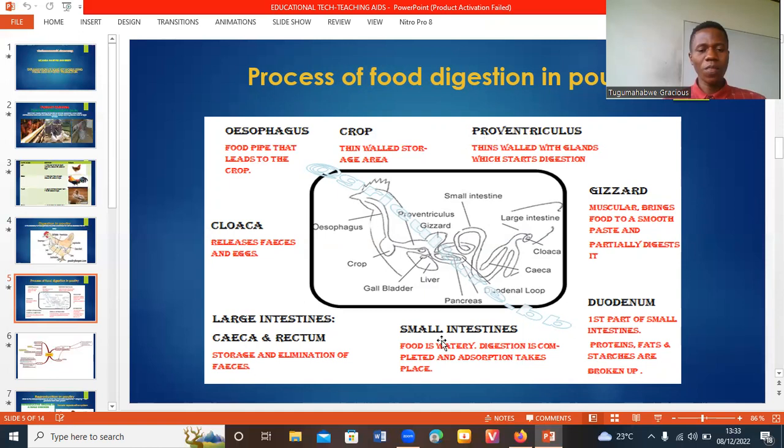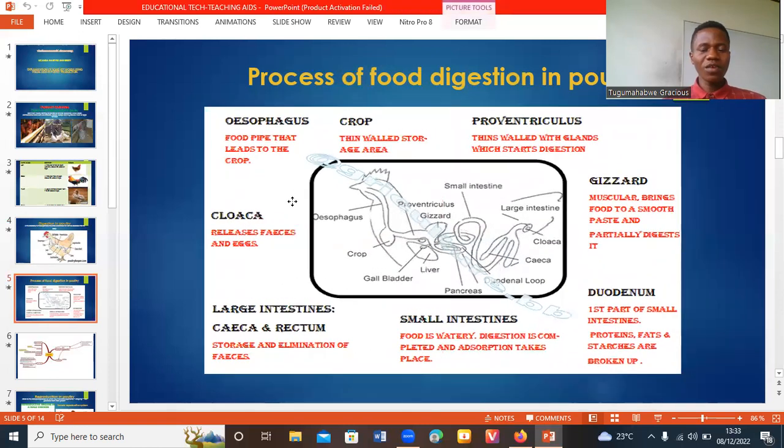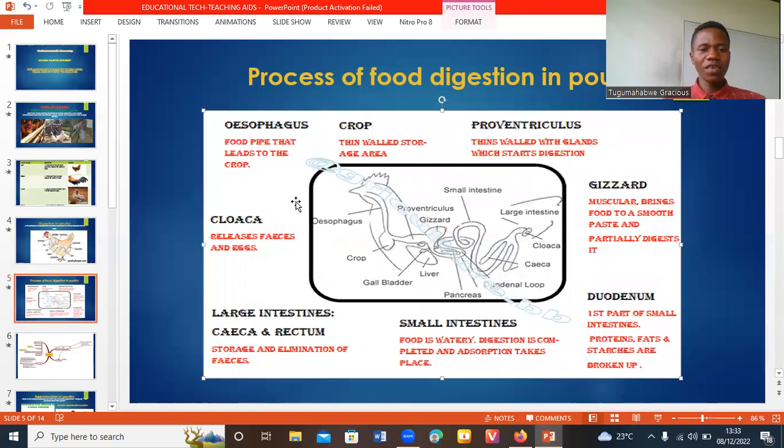So this is a word spider. It shows what is taking place in the digestive system, the process that is going on, how food is being broken down, and the parts that are involved.